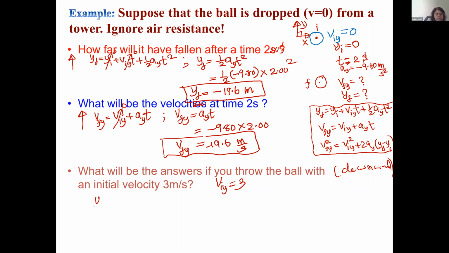Definitely you can use the equation Y final equals Y initial in Y direction plus V initial Y time plus half acceleration Y and time squared. But this part is still 0, but this one is not 0 now. You need to plug the values into all of this, and then you're going to calculate the Y final. Same thing for the second equation. Your velocity is not 0 in this case. You do the same calculation by using 3 meters per second as your initial velocity.